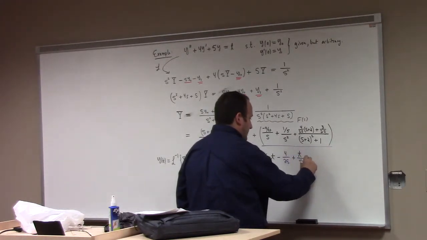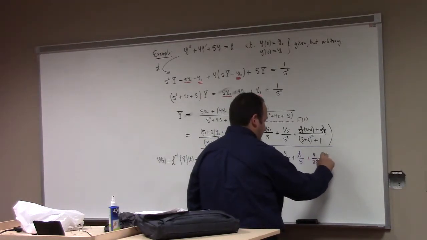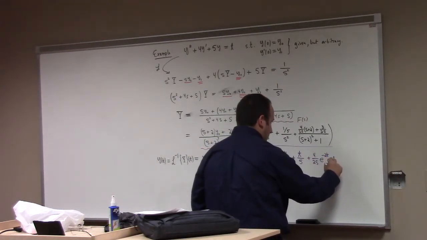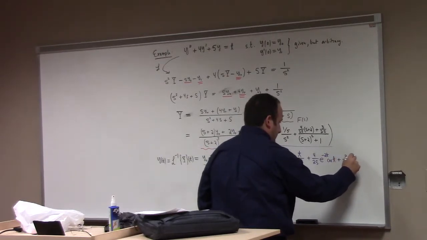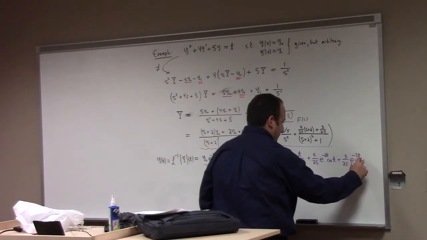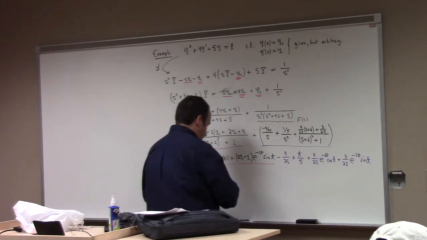And then plus 4/25 e to the minus 2t cosine t plus 3/25 e to the minus 2t sine t. And there you go. Answer.